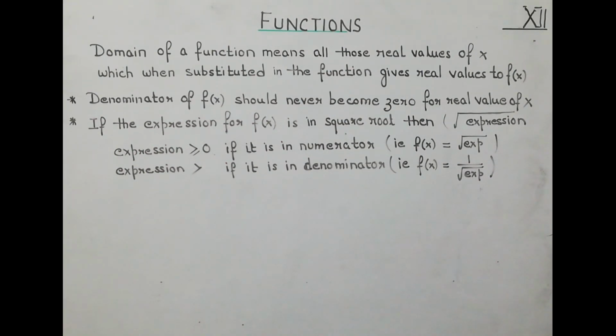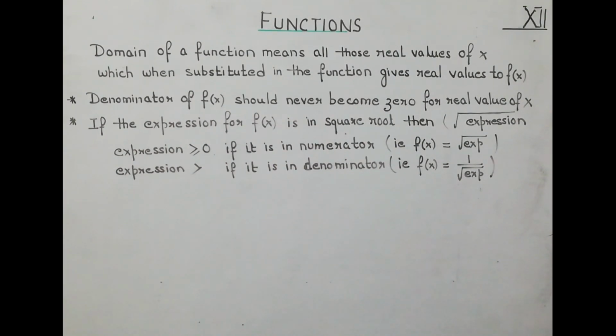Second point, we have to keep in mind that if the expression of f(x) is with the square root, as you can see, in the numerator place with the root sign, then that expression should be either equal to 0 or greater than 0. Then only you will get a real value for f(x).